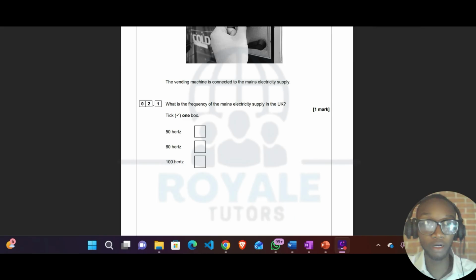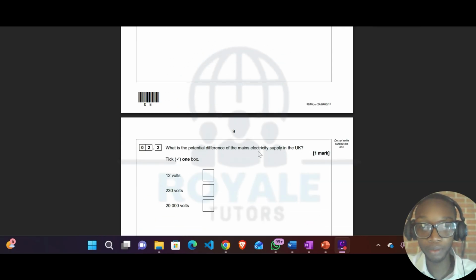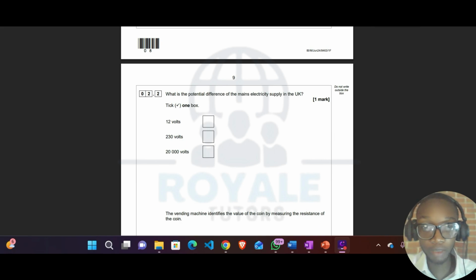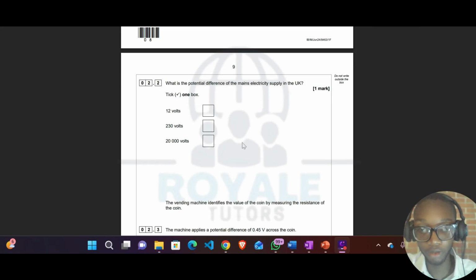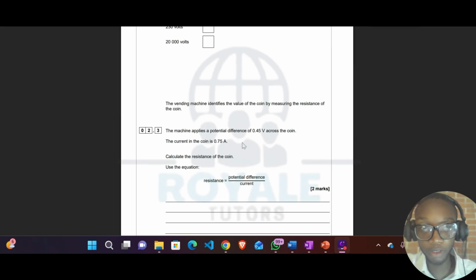So 50 is the frequency of the mains electricity supply in the UK. So that's 1 mark for you. And what is the potential difference of the mains electricity supply in the UK? This is 230 volts. Now we'll move on to the next one.